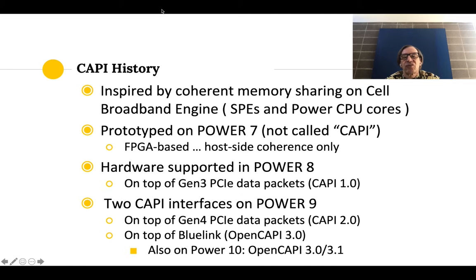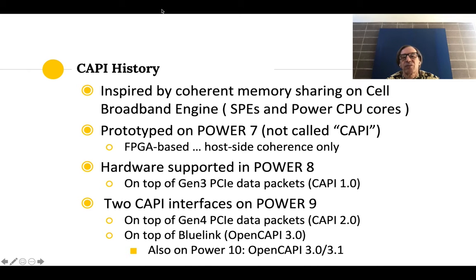One was to take the CAPI 1.0 from Gen 3 PCIe basis to Gen 4 PCIe, still running over data packets within the PCIe protocol. And then a more latency and bandwidth optimized implementation on top of a physical interface called BlueLink.